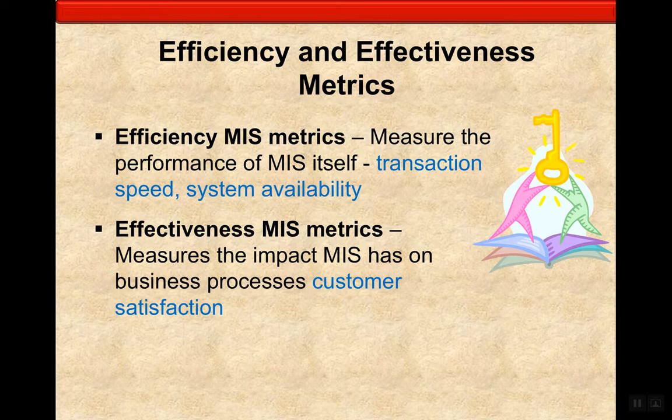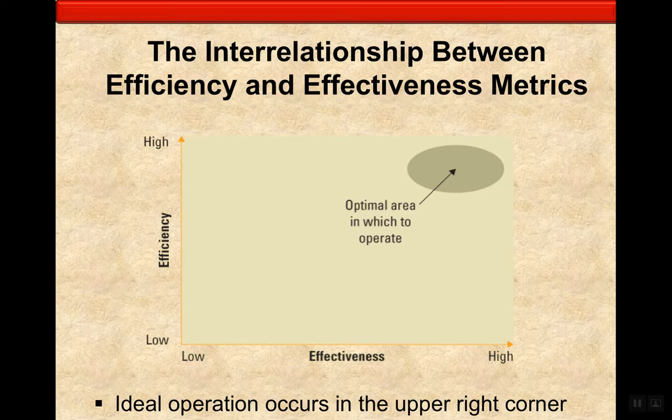So it's not a matter of either or. The relationship is symbiotic. What organizations seek to do is balance. We want to have high efficiency and high effectiveness. If you look at this chart, the ideal operation occurs in this upper right quadrant, where we're focused on both efficiency and effectiveness. You also note that this is an area, a section of the chart.